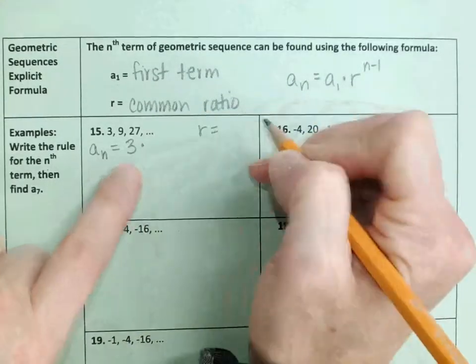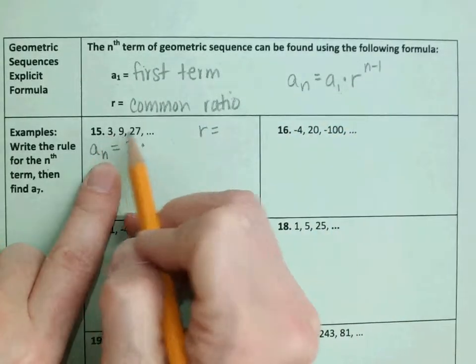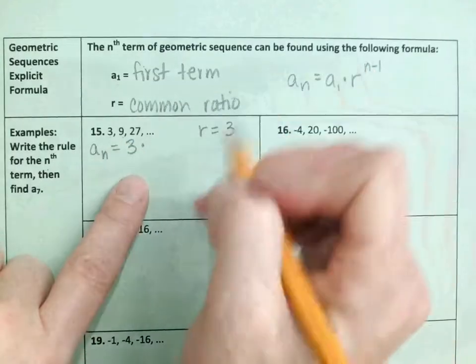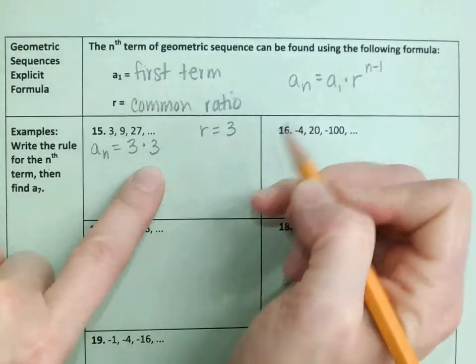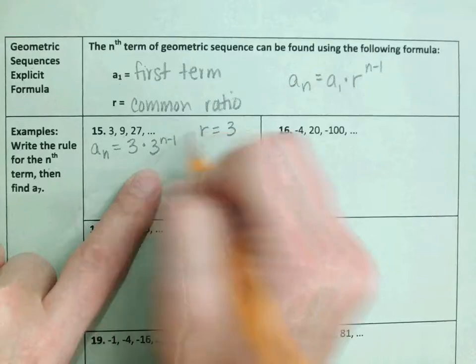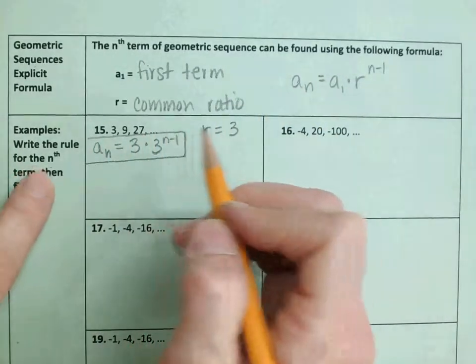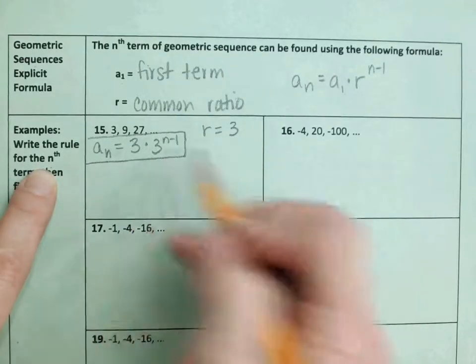So let's figure out what our common ratio is. We go from 3 to 9 to 27. We multiply by 3 each time. So my common ratio is 3. So 3 to the n minus 1 power. Okay? So this right here, where I said write the rule for the nth term, that's what I'm talking about.